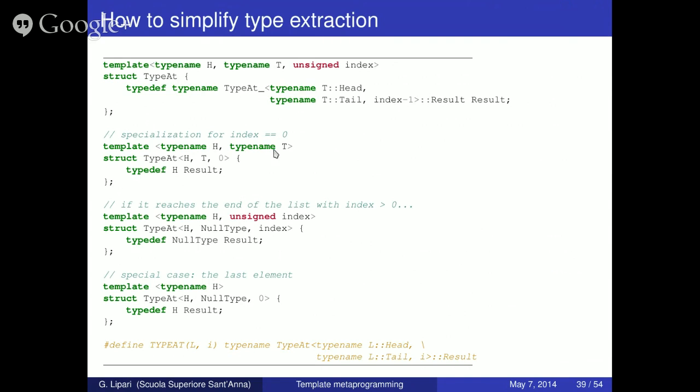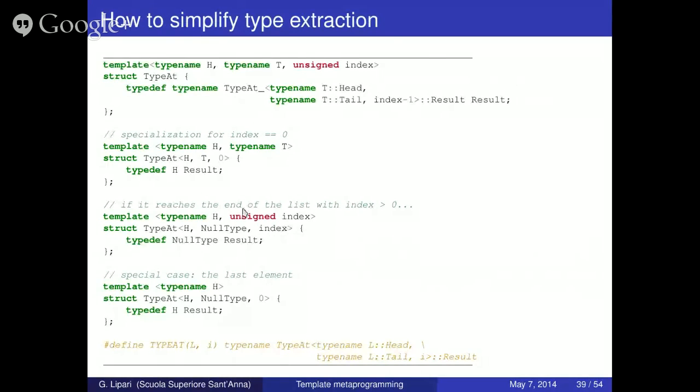So the idea here is that normally, if I write type head of head, tail, I, the first one is executed unless I is 0, and then this one is executed.